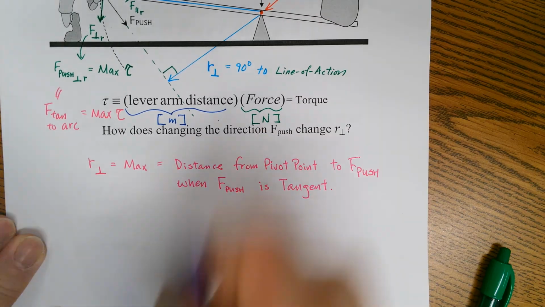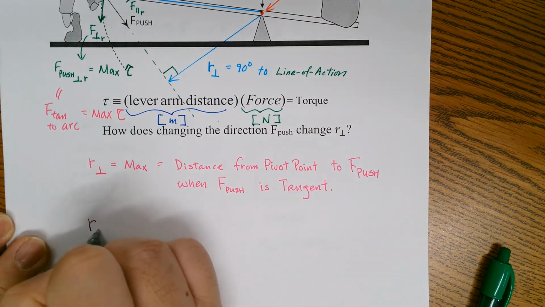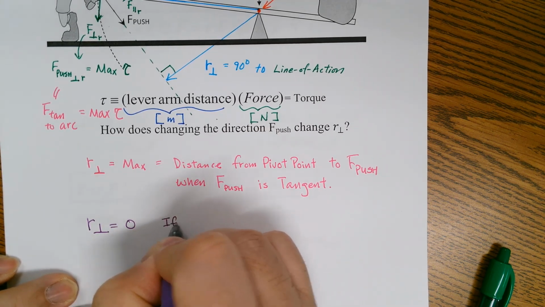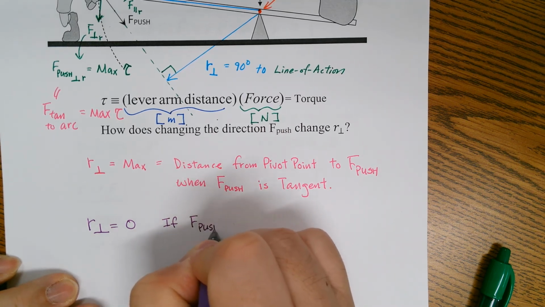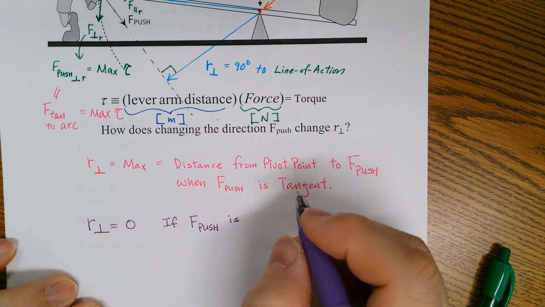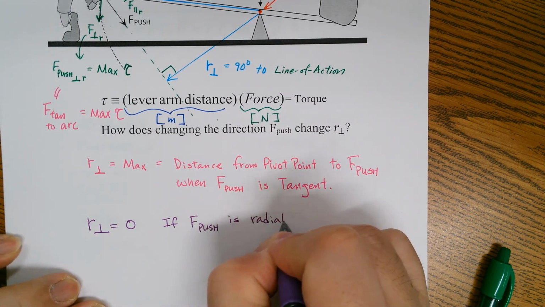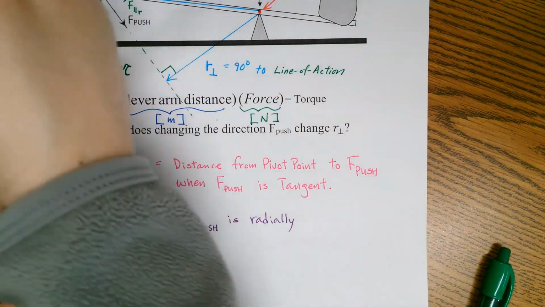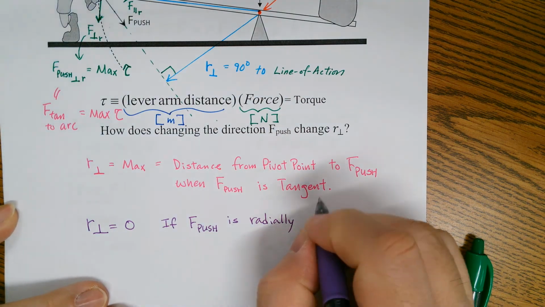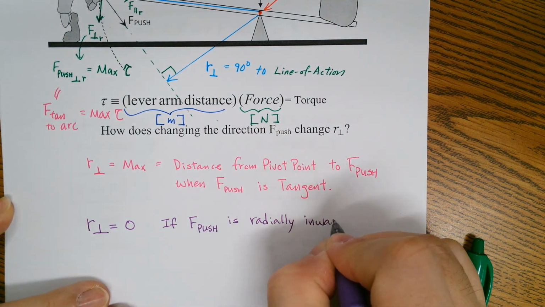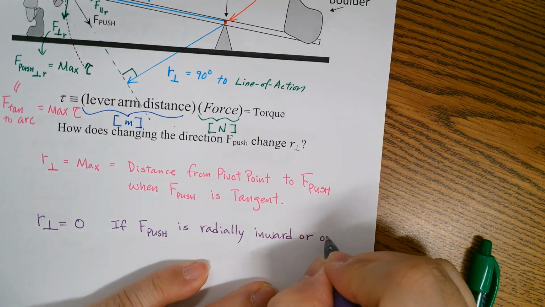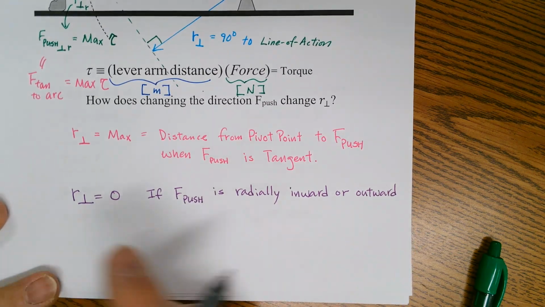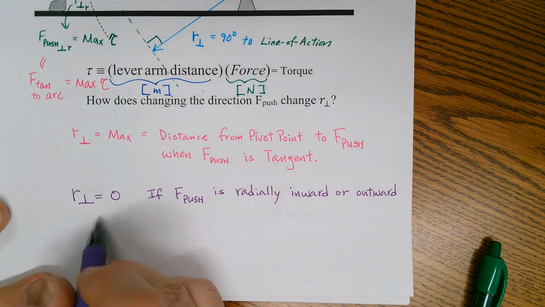However, if R perpendicular is equal to 0, if F push is radially inward, or outward, I guess, then in that case your torque will be zero all the time.